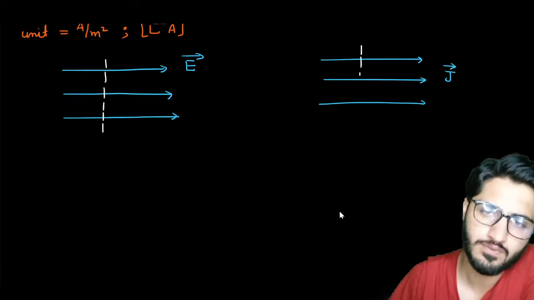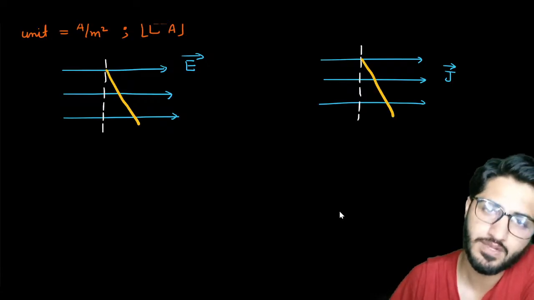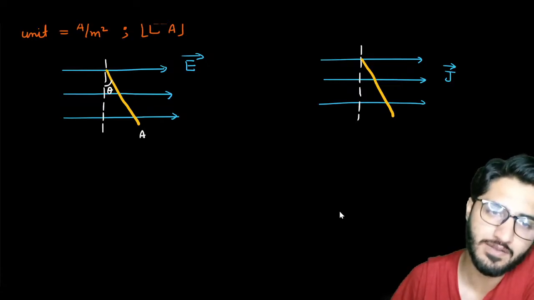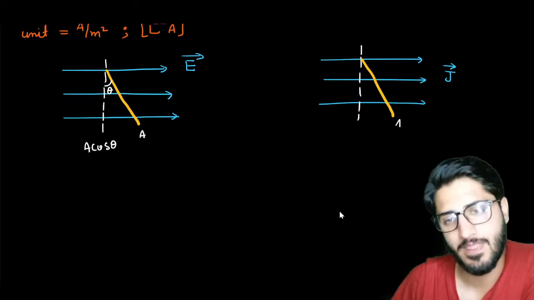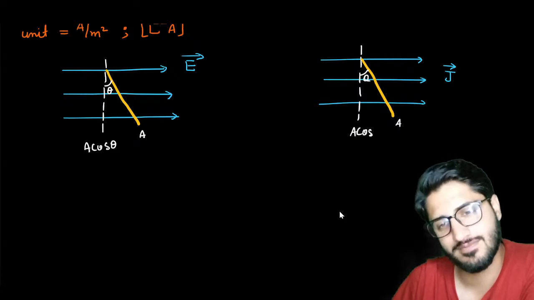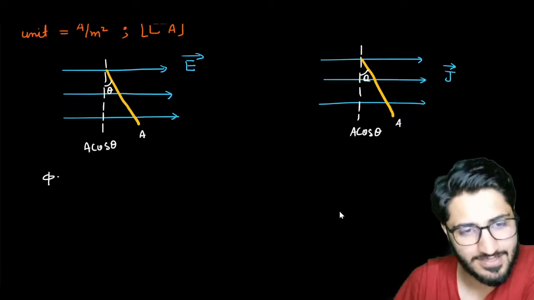Now, look now. We have our area. My component is like this, area component. This area is making angle theta. If this is area A, so I can write it is A cos theta. Then, what is flux?